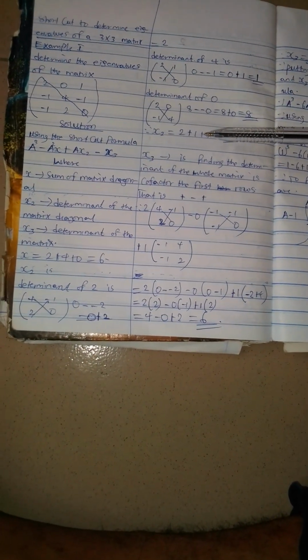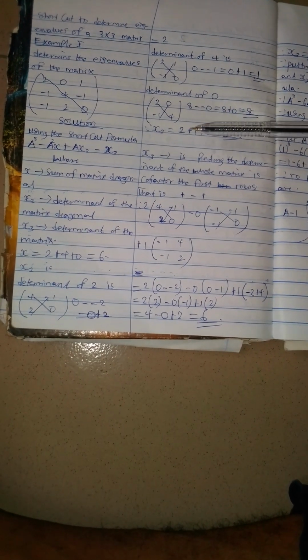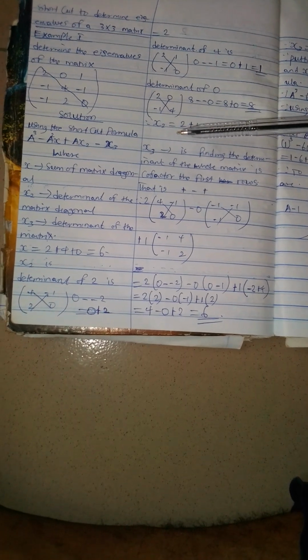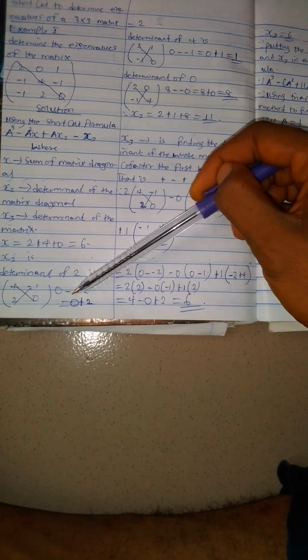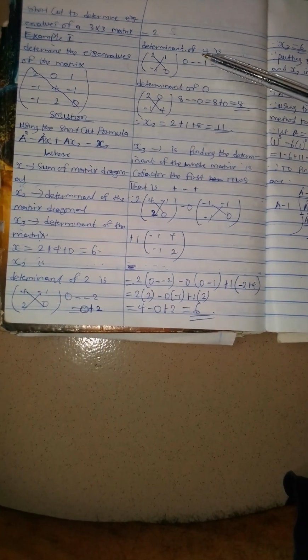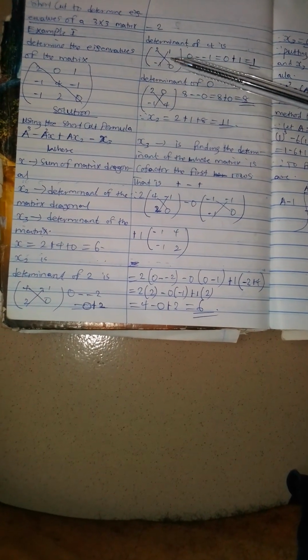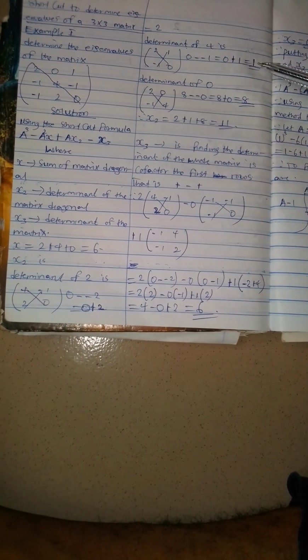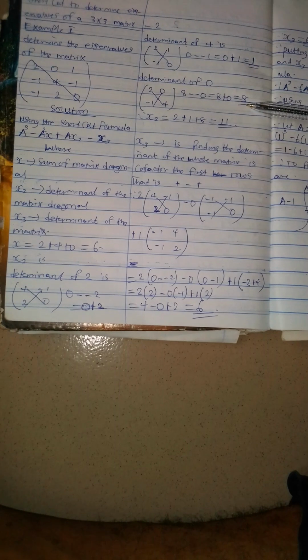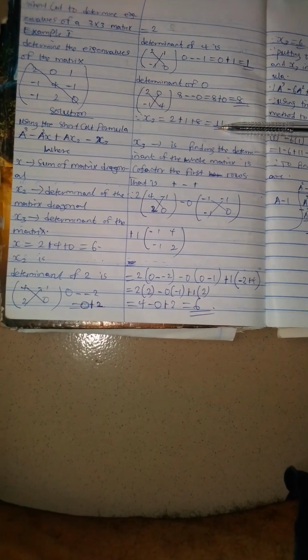Okay, now x₂ is equal to the sum of 2, 1 and 8. That becomes 2 plus 1 plus 8. That will give 11.